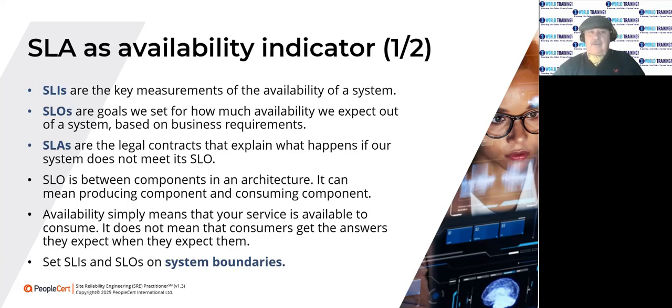For example, in a distributed architecture, you'll have a lot of different boundaries. So you can have SLOs not only at the end customer boundary, but also at the different layers of the system and all the different boundaries.